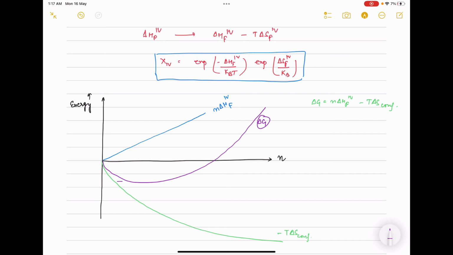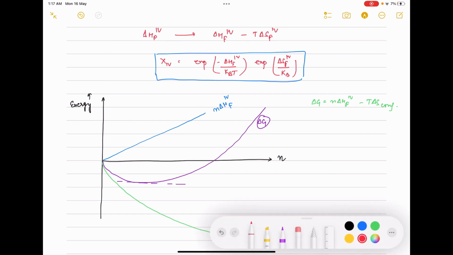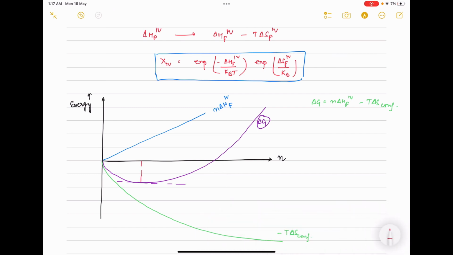So this minima is basically the equilibrium concentration of mono vacancies. And from this graph, as you see, as these mono vacancies are increased, there is a significant drop in the Gibbs free energy.